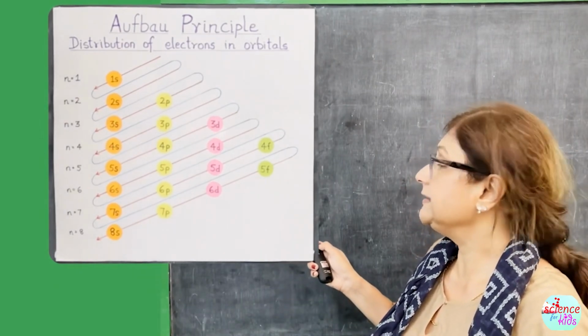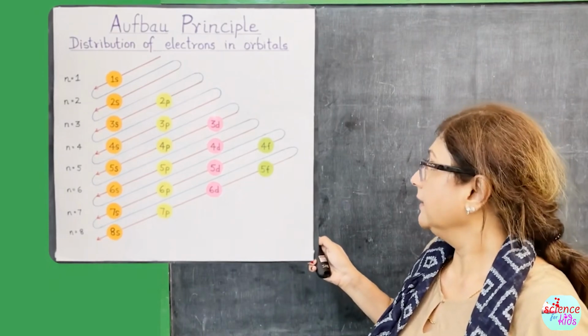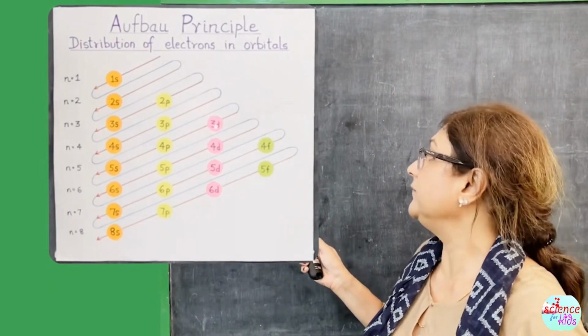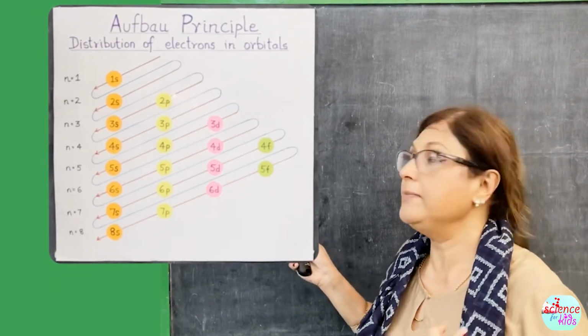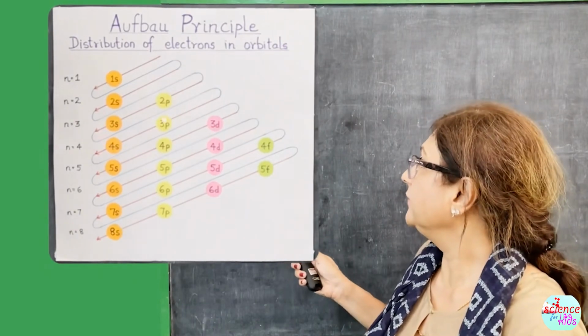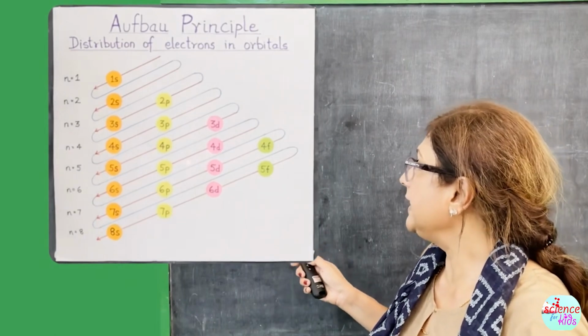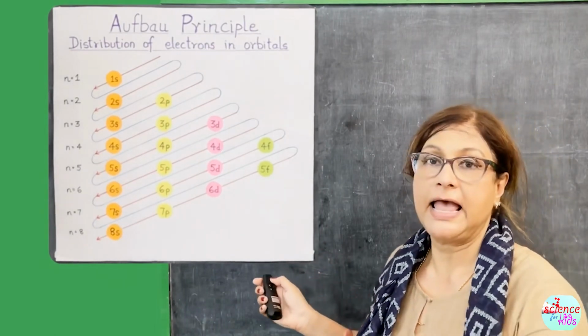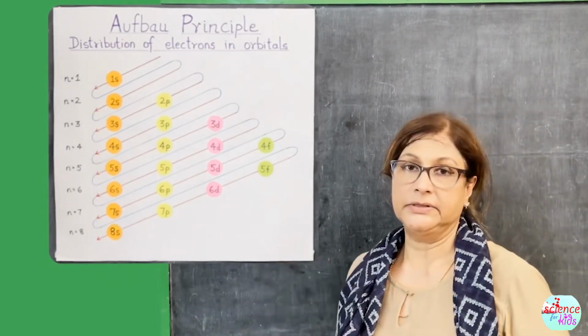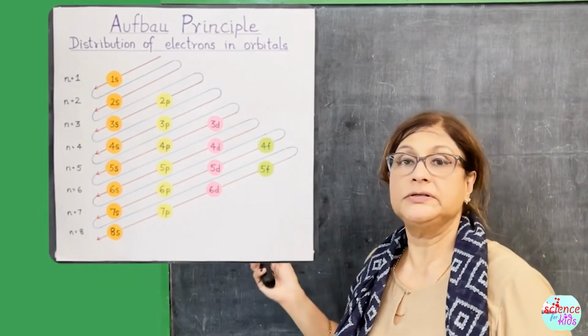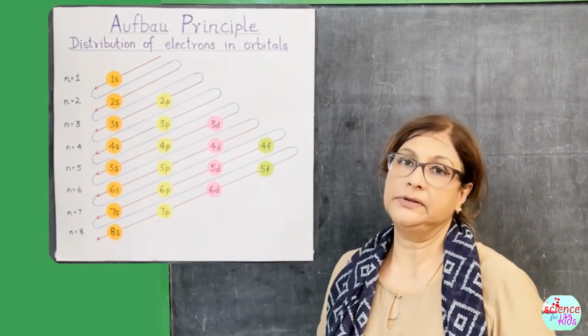Now this d is the unique group where we have to follow a different rule, which is n minus 1. So after 4s it will be 3d, then 4p, 5s, 4d, 5p, 6s, and that's the way it continues. So keeping this Aufbau's principle in mind, let's do a couple of examples.